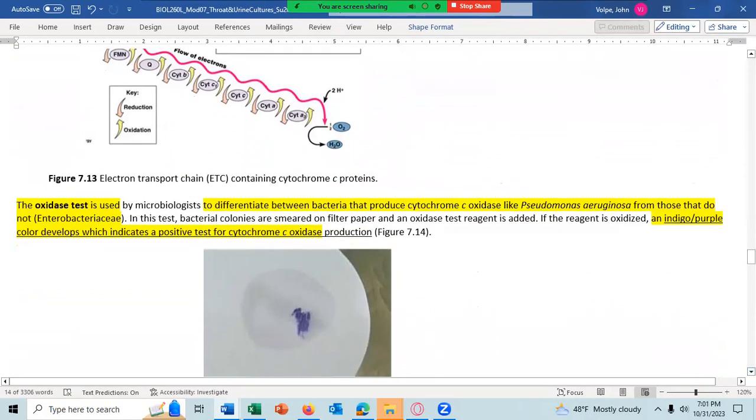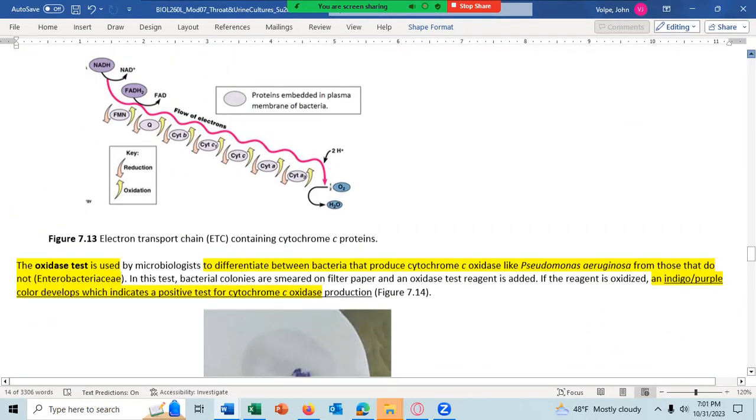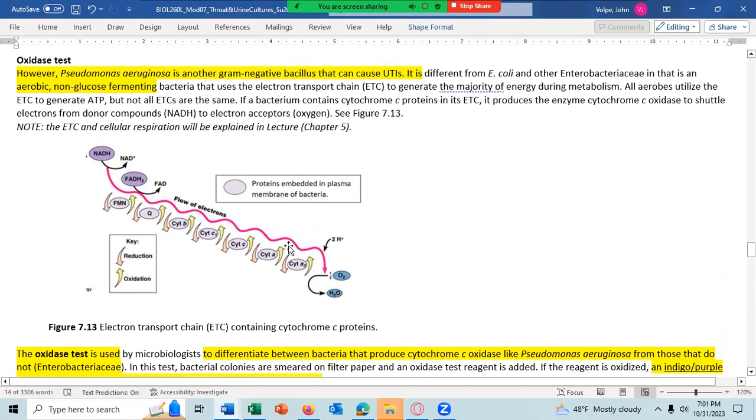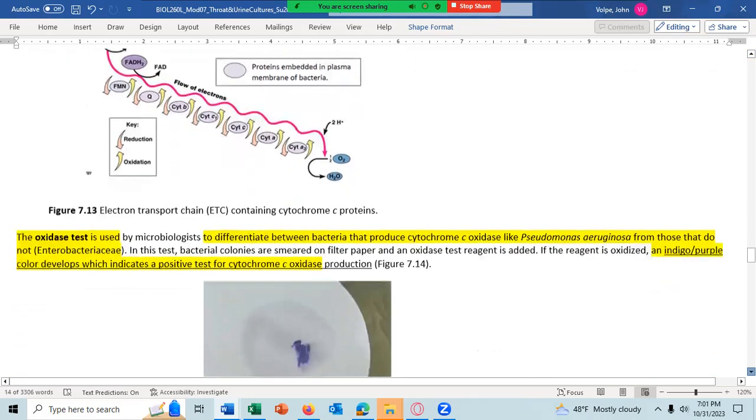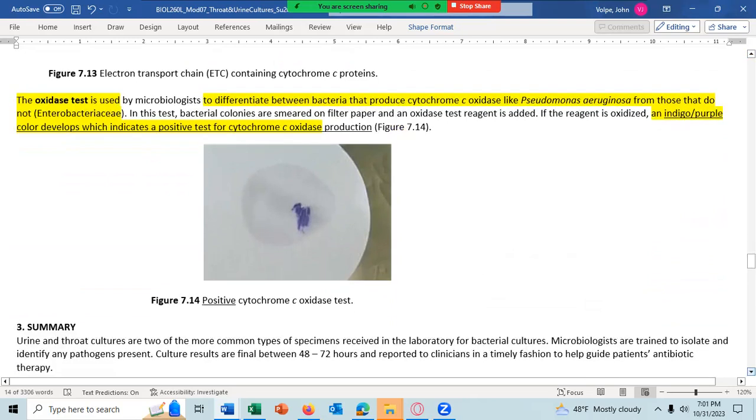The oxidase test is actually looking for cytochrome C, which is an enzyme in the electron transport chain, and we just talked about that today in the lecture. So the oxidase test can differentiate between the Pseudomonas, such as Pseudomonas aeruginosa, from the members of the family Enterobacteriaceae.